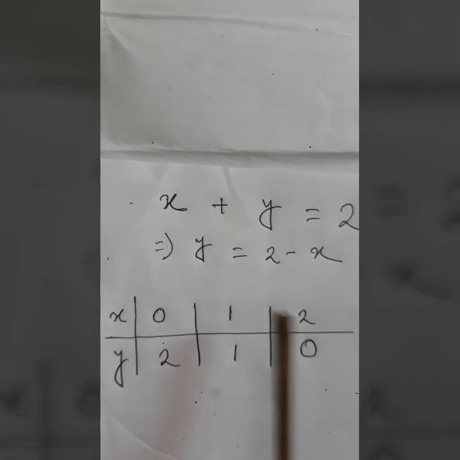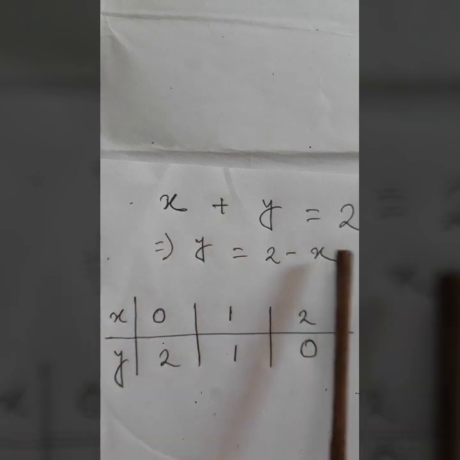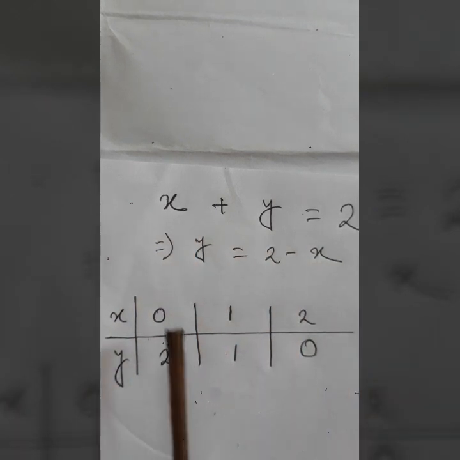So at first we have to form a table and we have to put the values of x, for which we can get the values of y. Three values we have to take, that means 3 points on that straight line represented by this given equation. Why 3 points?